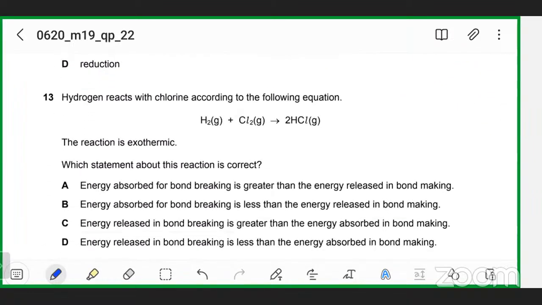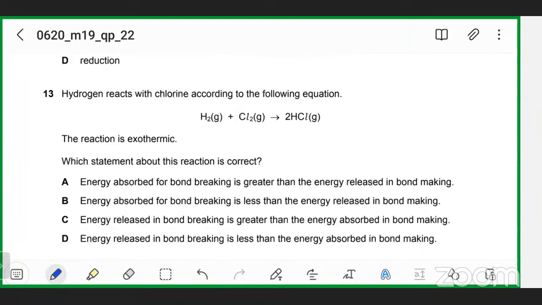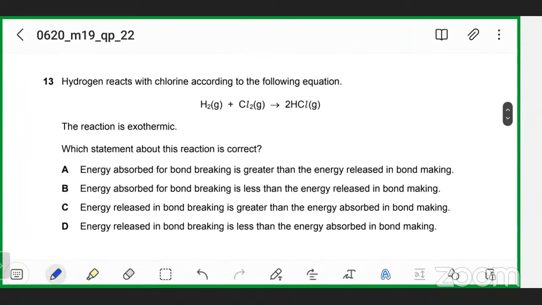फिर है वो कह रहे हैं ये रिएक्शन है it's exothermic. Which statement of the reaction is correct? कौन सी स्टेटमेंट करेक्ट है?